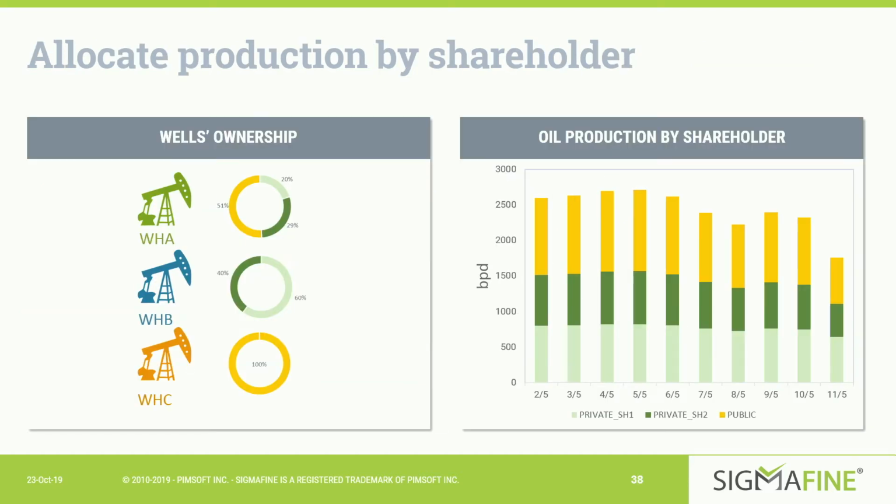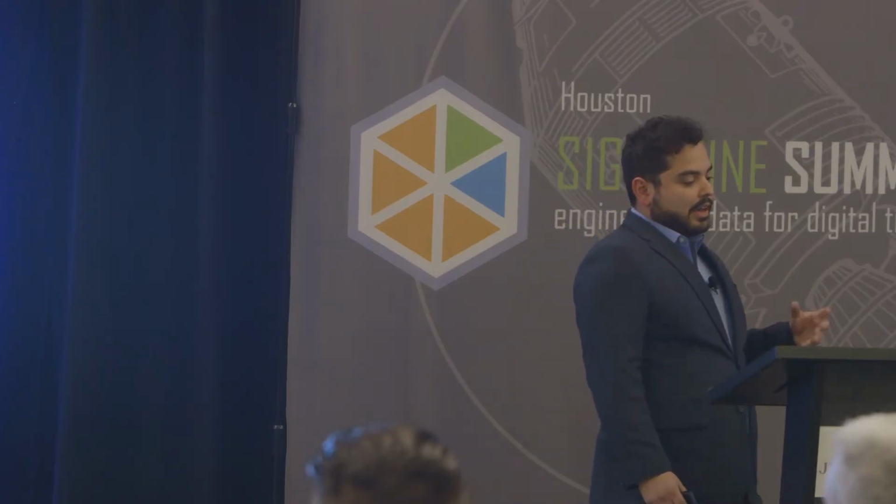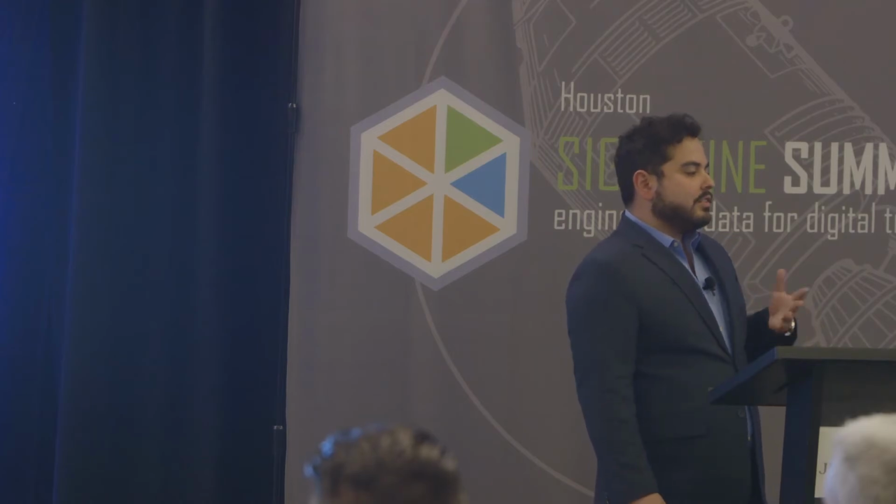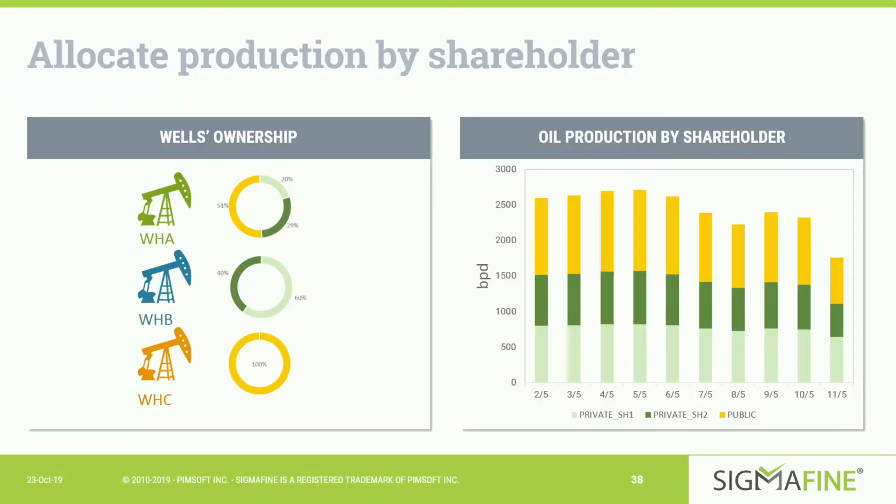And an even more creative application of composition tracking, let's say that the wells have different ownership, different shareholders. So we're able to back allocate those final production numbers and see what percentages of that final production belongs to which shareholders.